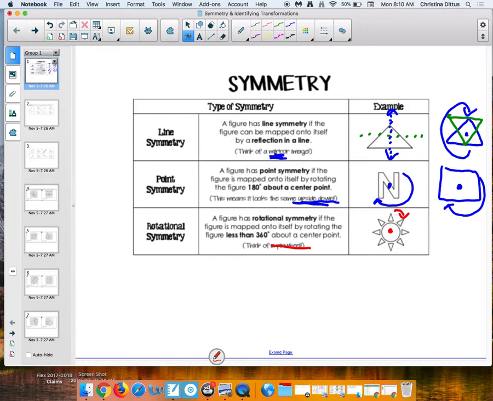Something I do want you to write, maybe to the right of this, is your angle of rotation. To find your angle of rotation, you're going to take 360 divided by the number of things. I know that's not very specific, but I'll explain it once you write it down.